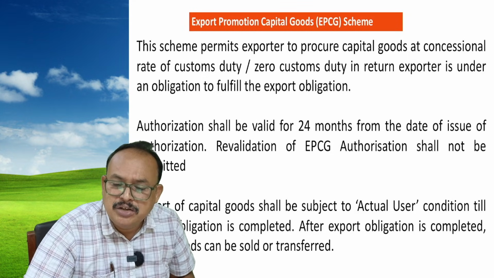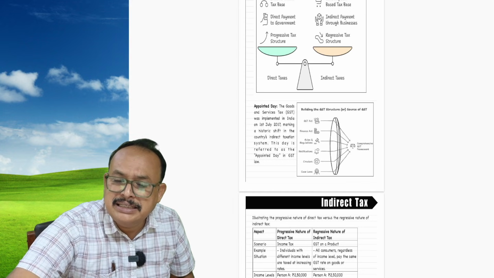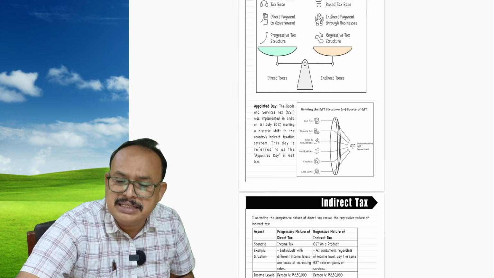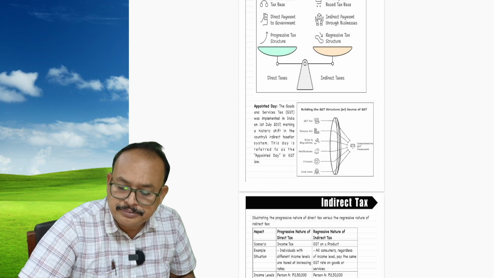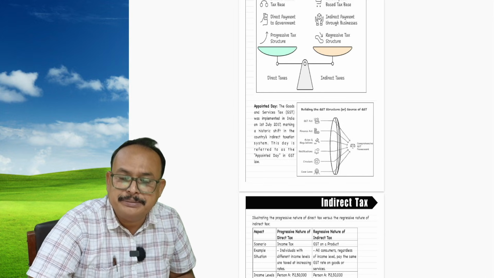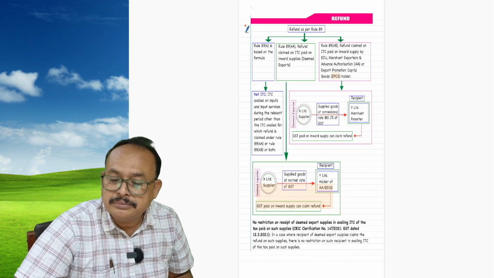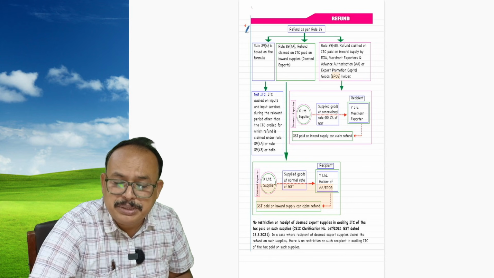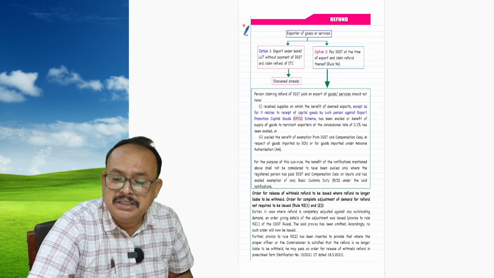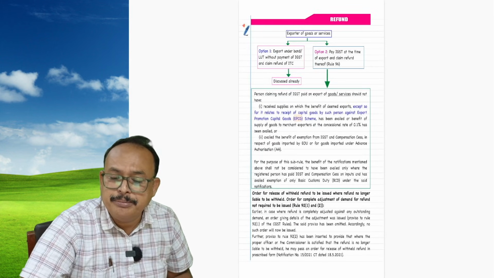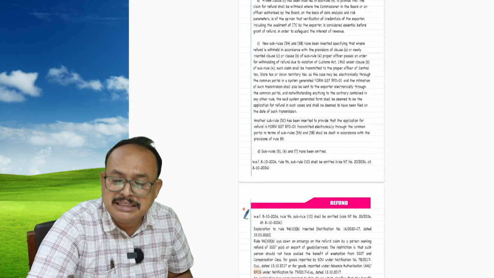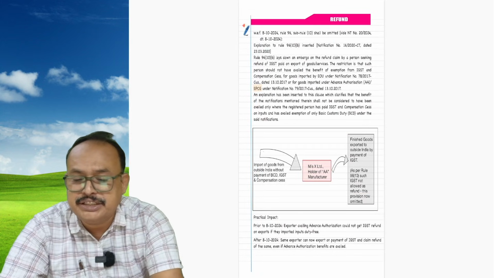Furthermore, presenting for your kind consideration the given case of the EPCG scheme, as follows, my dear. Here, presenting for your kind consideration, the EPCG scheme, export promotion capital goods with the obligation.